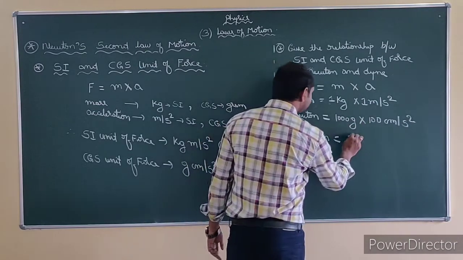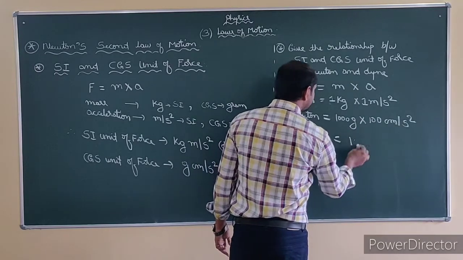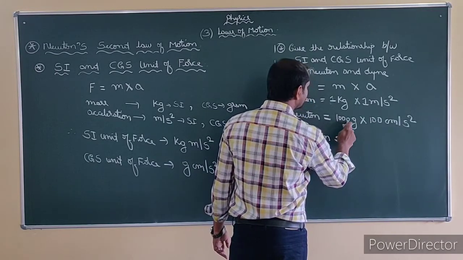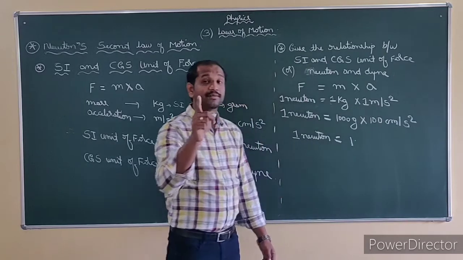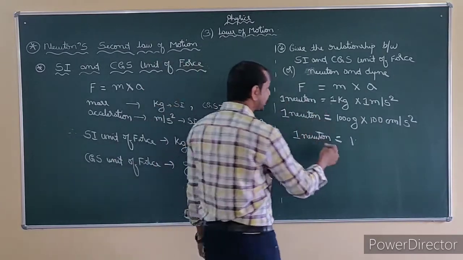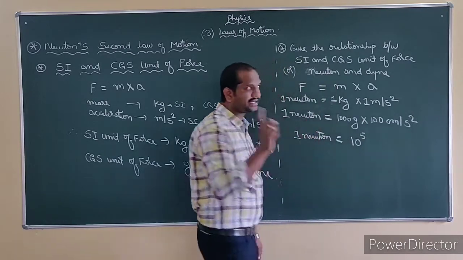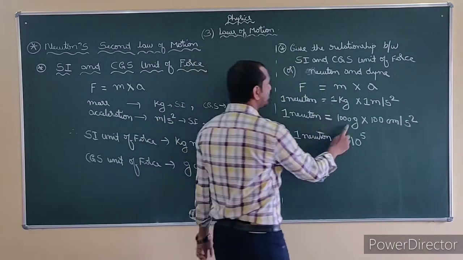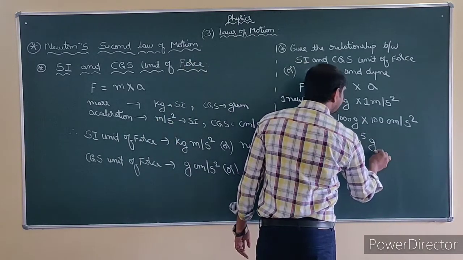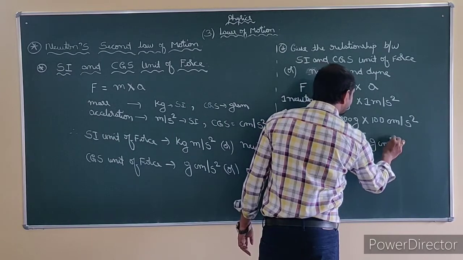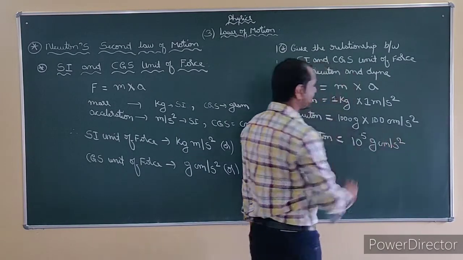How many zeros are there? 1, 2, 3, 4, 5. 5 zeros. That I can write in exponent form, 10 to the power of 5. Yes, I can write 10 to the power of 5 gram centimeter per second square.